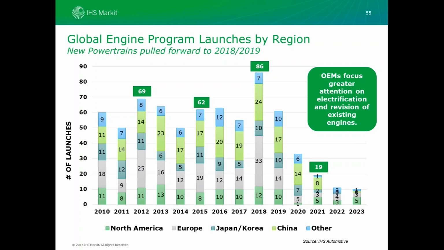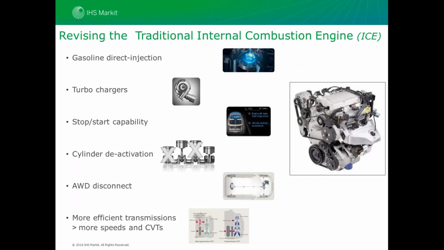So instead, OEMs are going to be focusing on revising current engines, adding new technology, and focusing on the electrification of the vehicle. And when I talk about new technologies for the ICE, the internal combustion engine, what we're talking about is things like GDI, gasoline direct injection. We've already talked about turbochargers and how many of those are being added, stop-start capability, cylinder deactivation, and at the bottom there, more efficient transmissions.